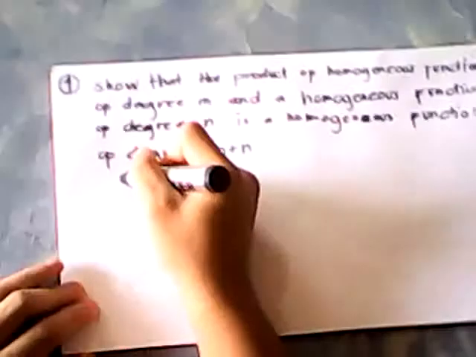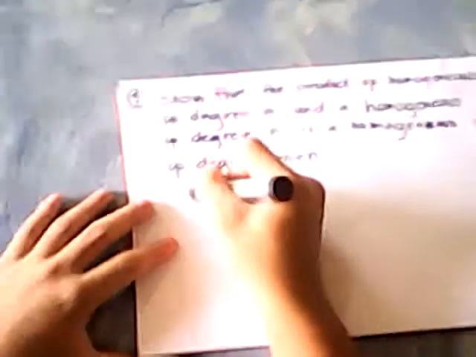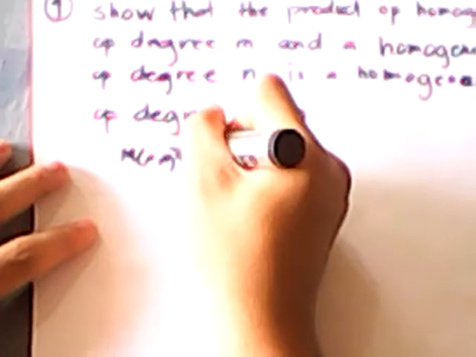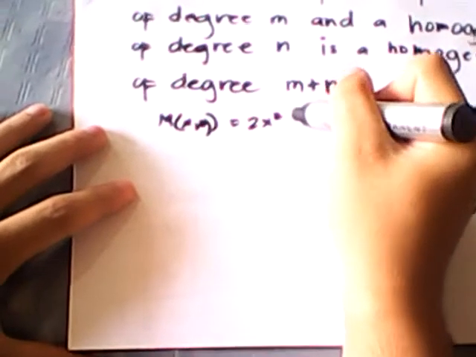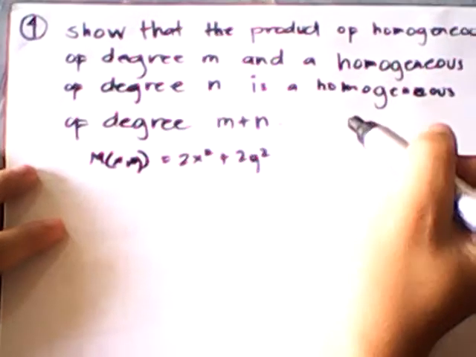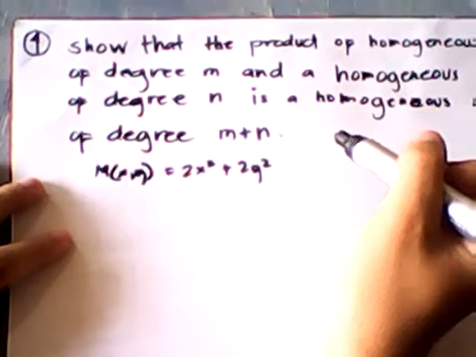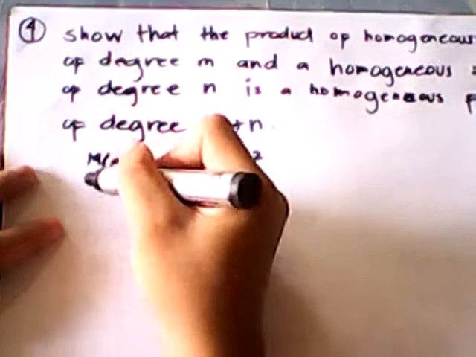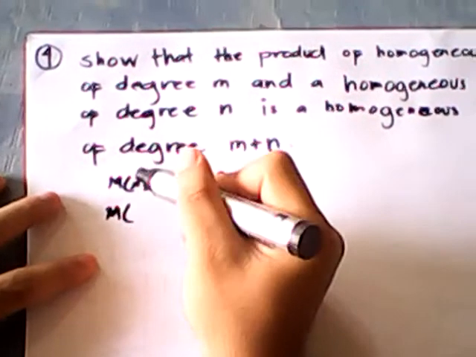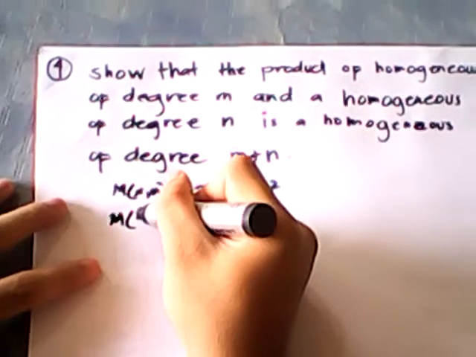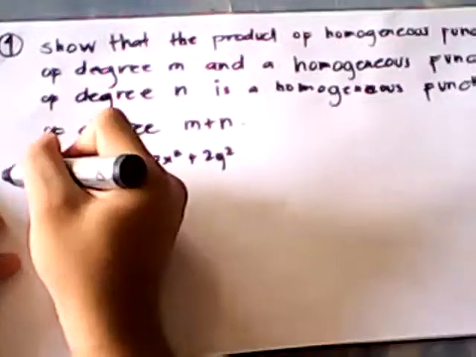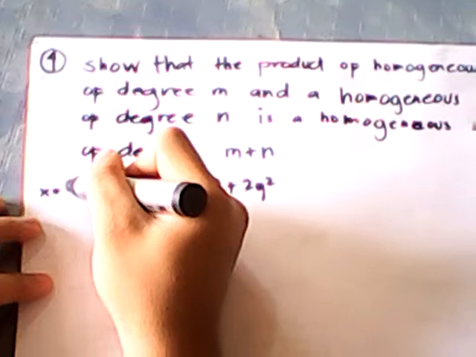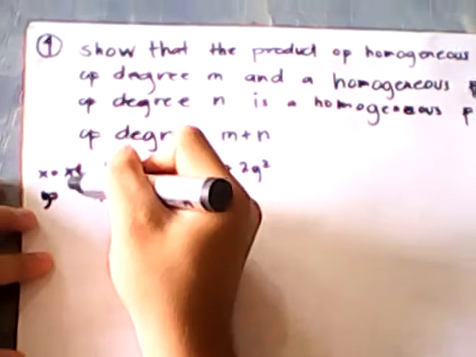We can assume that m of x, y is a homogeneous function that equals 2x squared plus 2y squared, and to get the degree of that we have to make the substitution x is equal to xt and y is equal to yt.